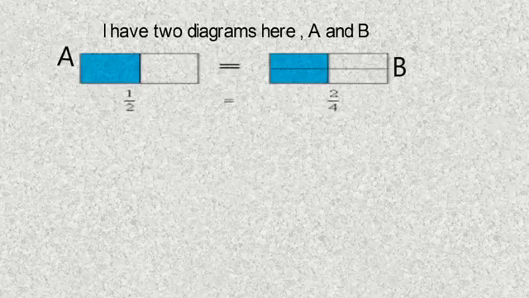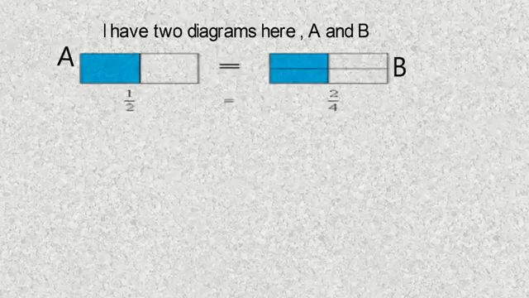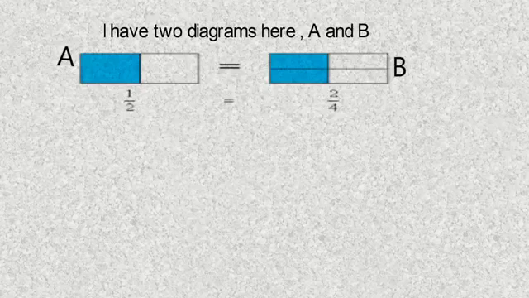Going by the last class on how to identify a fraction using shapes, I told you a shape like this is 1/2. That is, one out of the two parts is shaded. So I have it as 1/2.